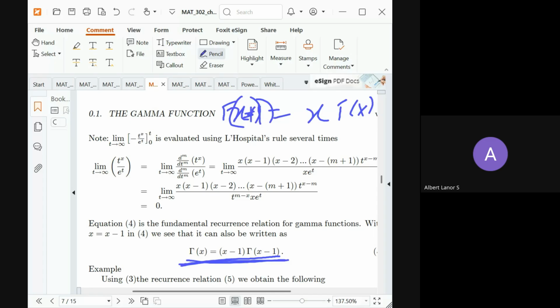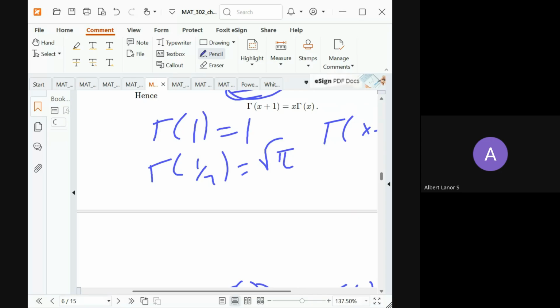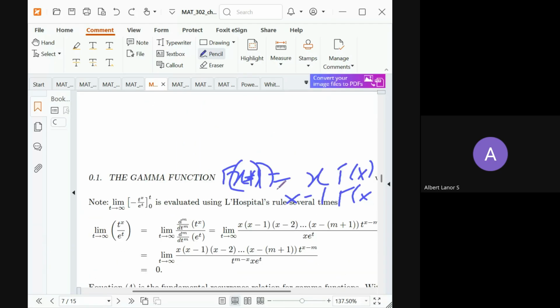If you dummy it and say that I want x minus 1 here, so for every x you set x minus 1, then this will be gamma of x minus 1.